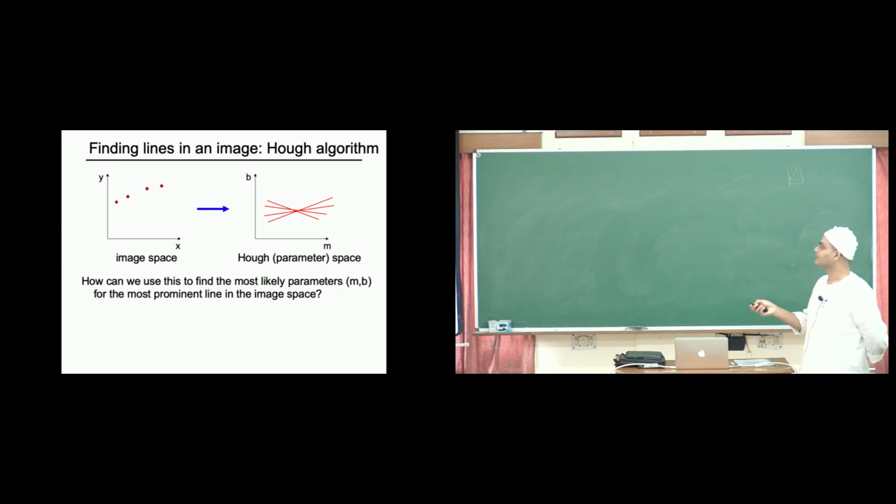Now, how can you find the exact value of this m0 and b0? The easiest way of doing it is having a grid of values, because for each point you are going to calculate, each point is going to give a vote, the idea of voting, because you cannot try all the m and all the b. So, you need a kind of for loop over the m values and b values.